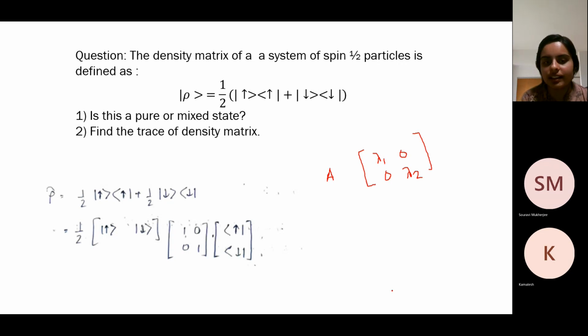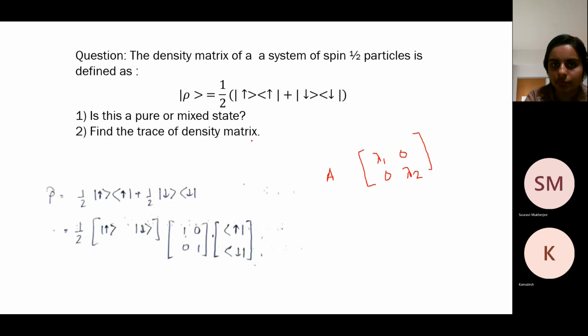But what I mean to ask is that in general, what does the eigenvalue of the density matrix signify? So when you say that both the eigenvalues are half and half, what do they physically signify? The probability of being in a particular microstate.